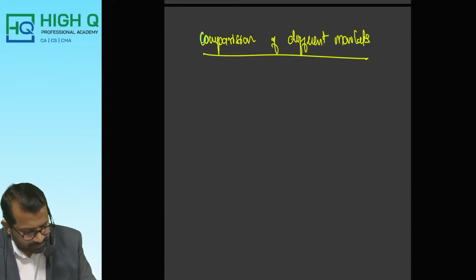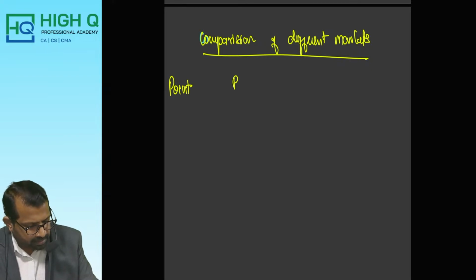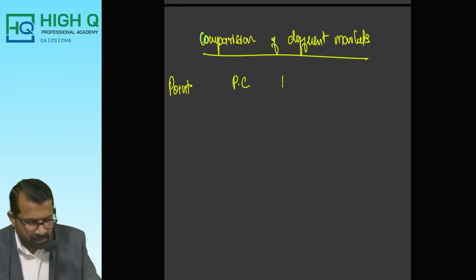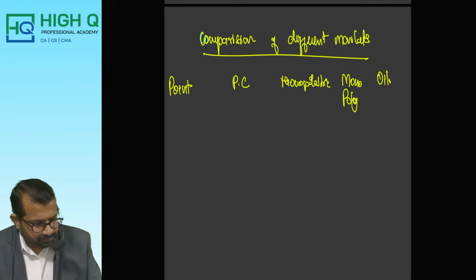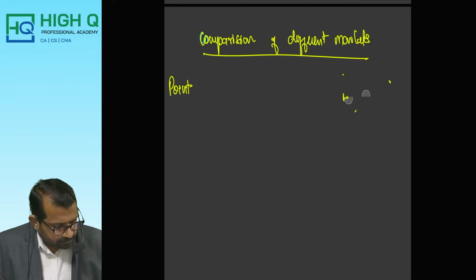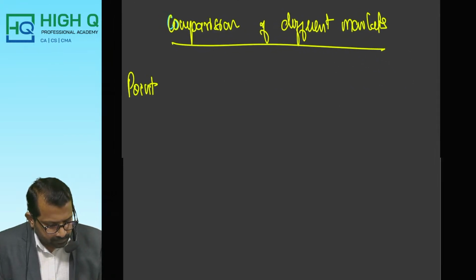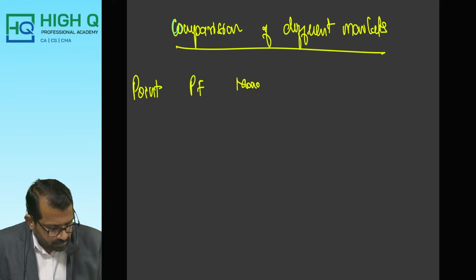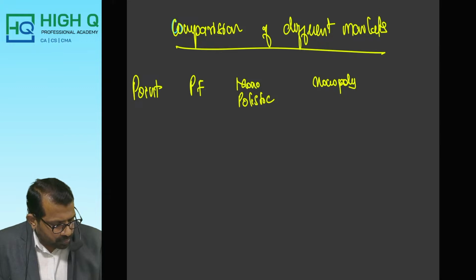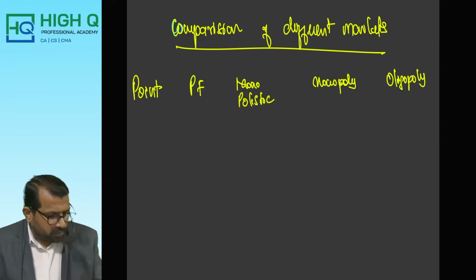Okay, first one is point, perfect competition, then monopolistic, monopoly, perfect competition, monopolistic, monopoly, oligopoly.